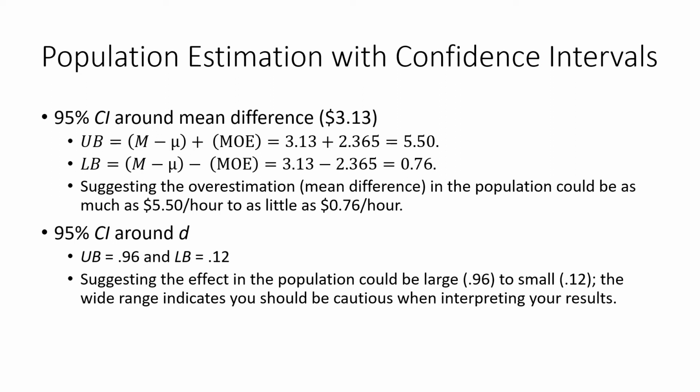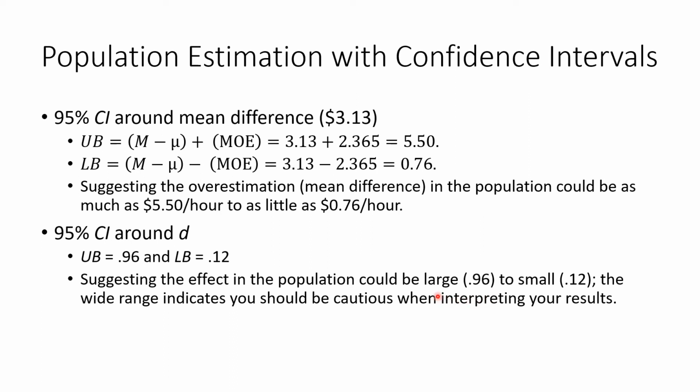But that doesn't mean that the population does that, because the sample probably doesn't represent the population perfectly. Because of sampling error, the overestimation in the population could be considerably more than that, or it could be considerably less than that. And so what we do is we compute a 95% confidence interval.